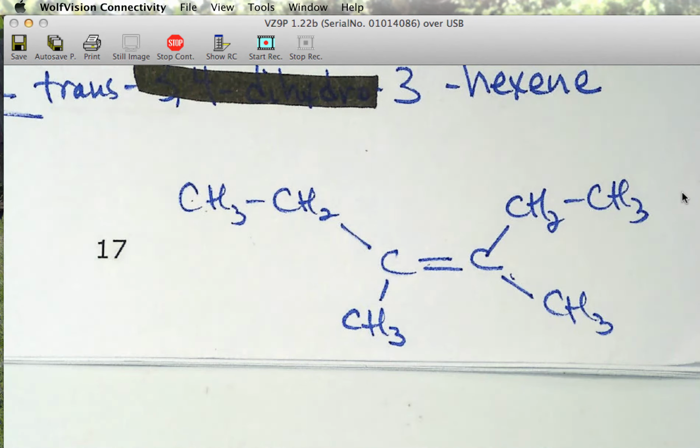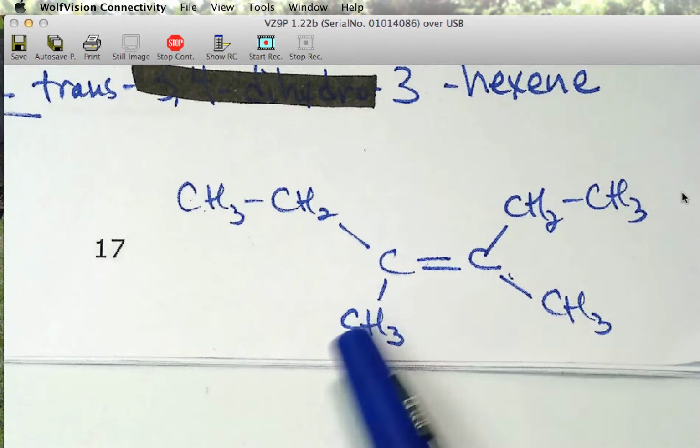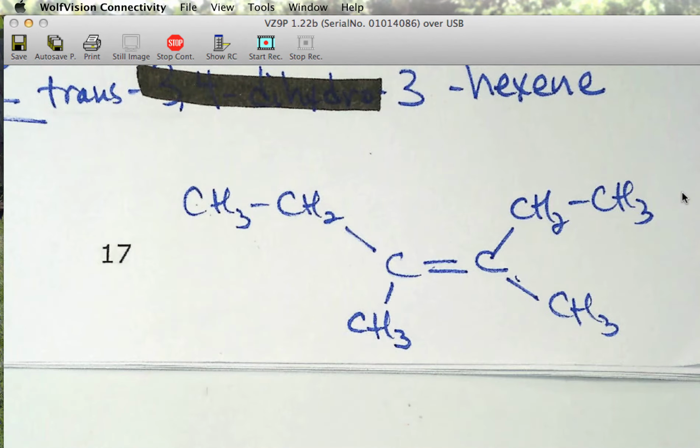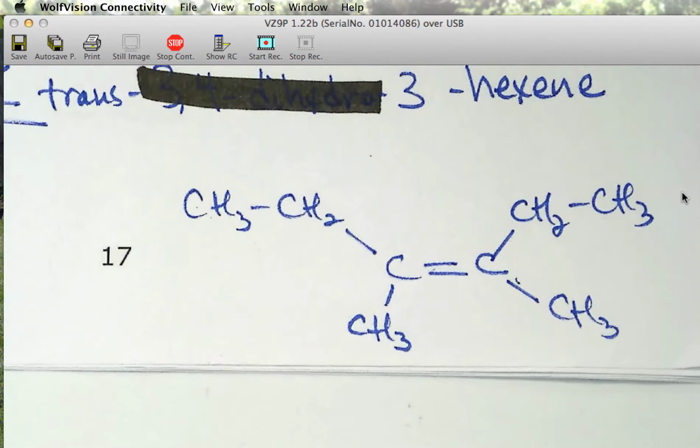Anytime you have a double bond where there are 2 groups that are the same across that double bond, then you can have cis or trans. Other questions?